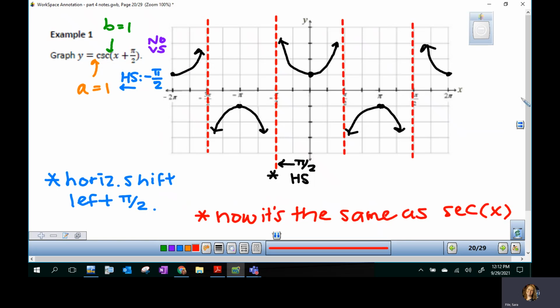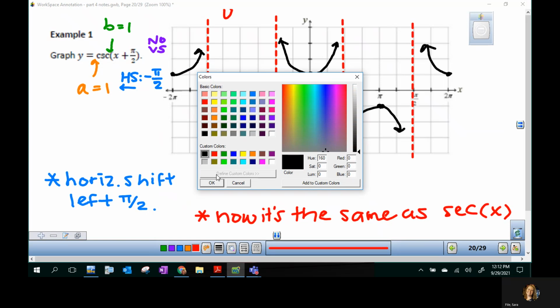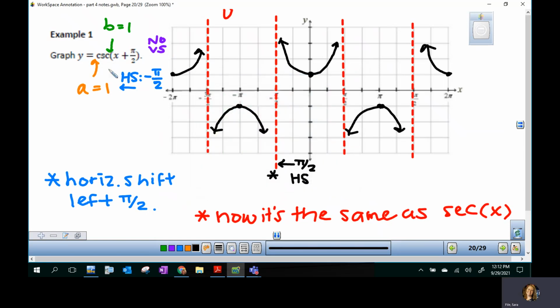Okay, if you need a refresher, you want to write somewhere your equation for what we are talking about for this A, B stuff. So remember, it's A, and then your trig function. That could be sine, cosine, cosecant, secant, whatever.